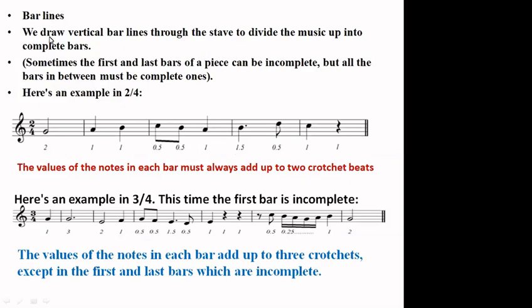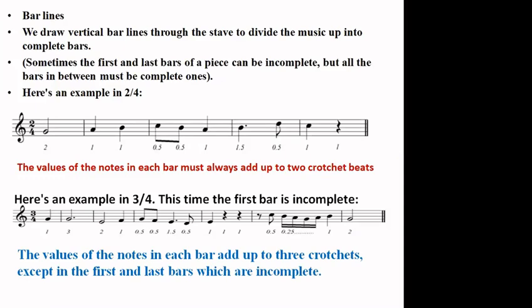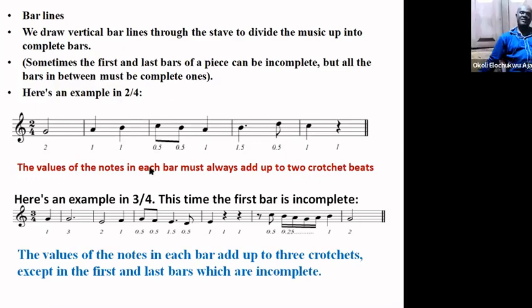It is also called measures. Please mute your microphones, please. We draw vertical bar lines through the stave to divide the music up into complete bars. Sometimes the first and last bars of a piece can be incomplete, but all the bars in between must be complete ones. Here's an example of bars in 2/4.